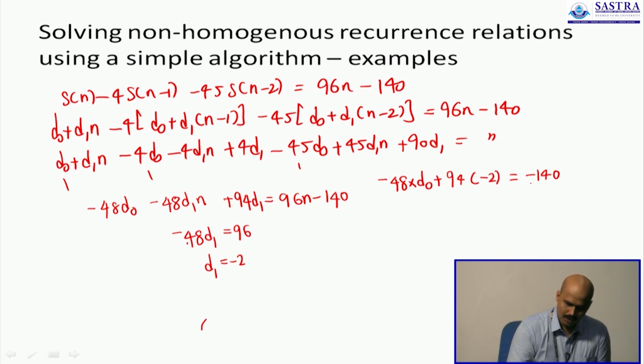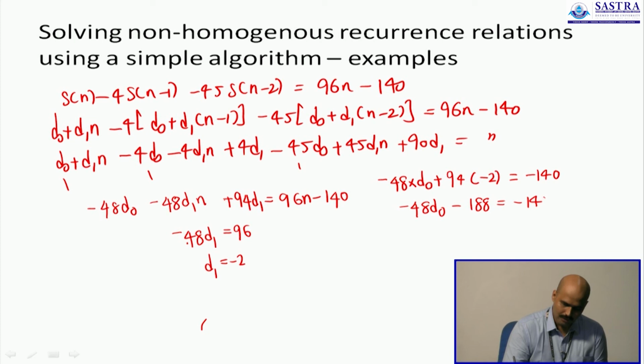Or minus 48 d naught minus 188 gives us minus 140, so minus 48 d naught gives us 188 minus 140, which is 48 again, so d naught is minus 1.